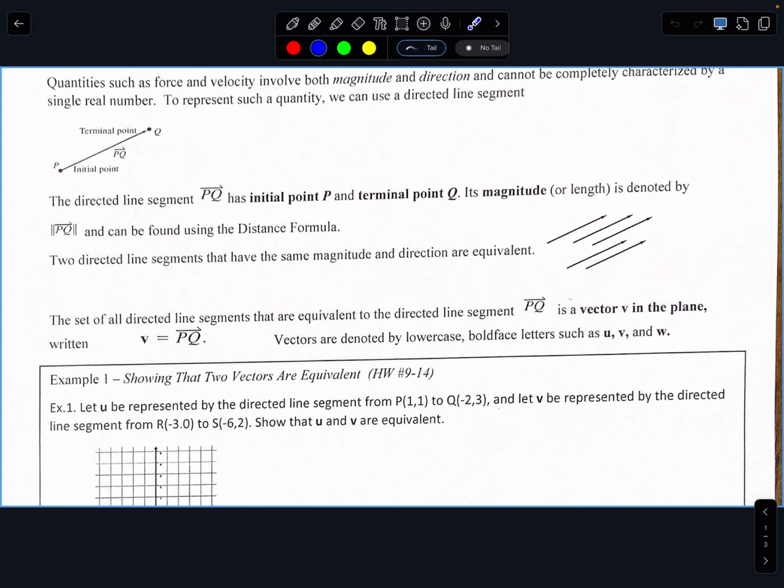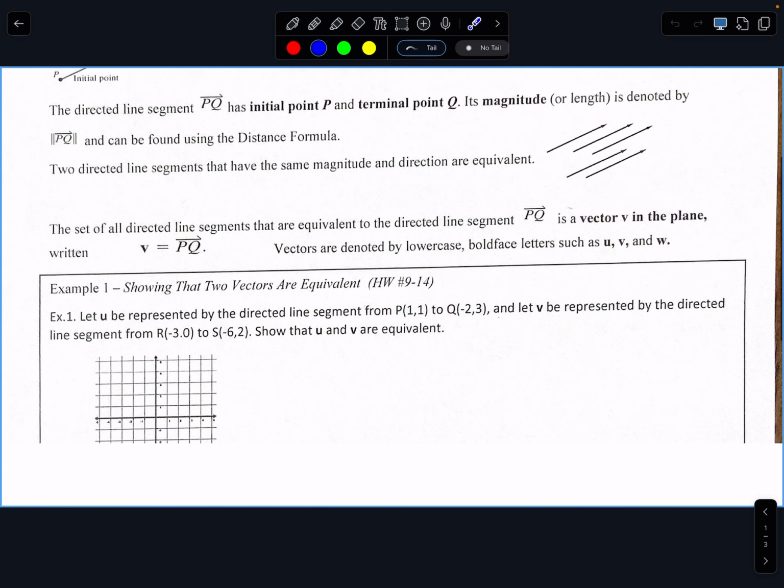Two directed line segments that have the same magnitude and direction are equivalent. All of these are considered equivalent because they are parallel, going in the same direction, and have the same length. So wherever you place this, with the same magnitude and same direction, they are equivalent vectors.